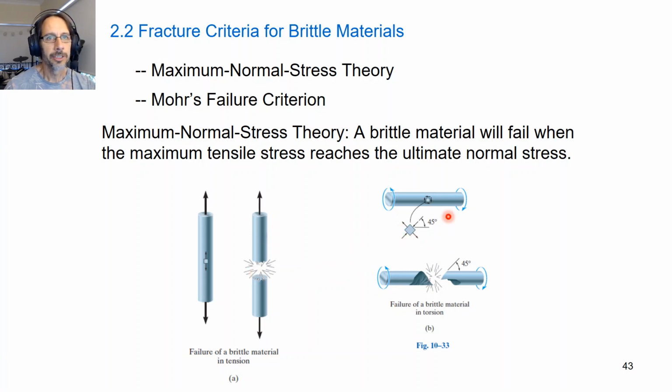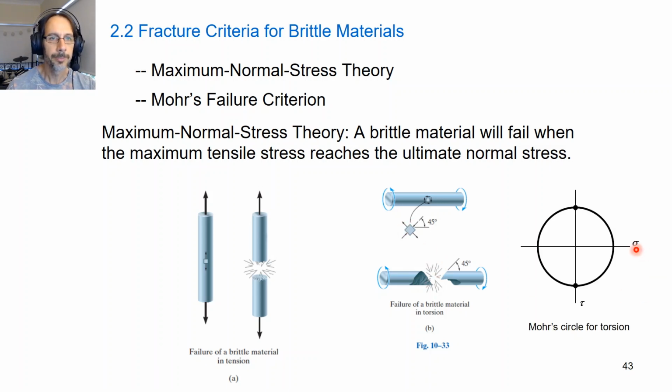Over here we've got the case of torsion. So we have pure shear, but even though we have pure shear in this orientation, we still have normal stresses at other orientations. So if you remember from Mohr's circle, right, this is our stress element. If we plot that, right, those stresses, that stress there is shear only.